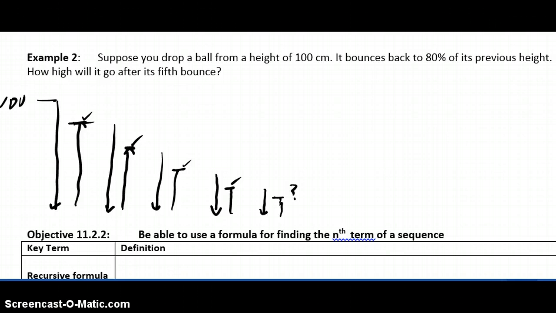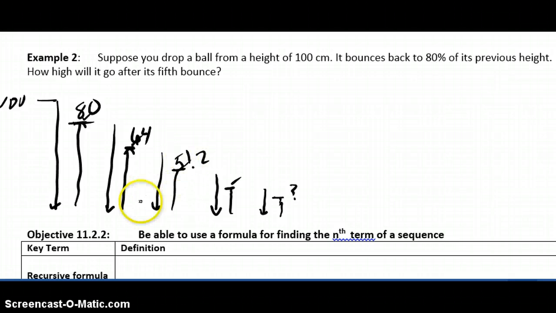So working this problem out, if I'm starting at 100 and I'm going to go up 80% of the way, I'm simply going to multiply 100 by 0.8, and my height here is then 80. I'm going to take that 80 times 0.8 because I want 80% of that height, and that would be 64. Then 64 times 0.8 gives me 51.2.